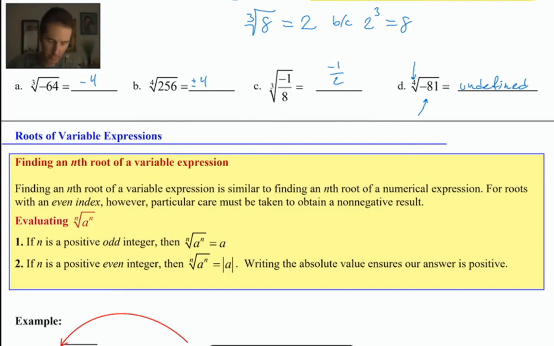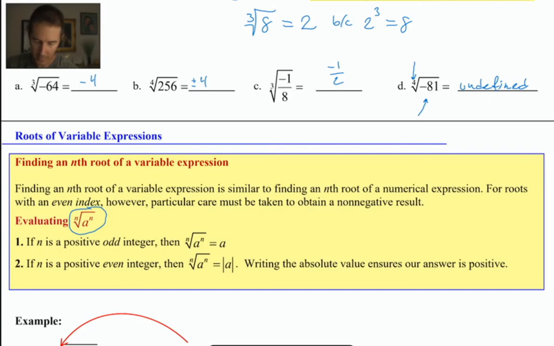Okay, right above bullets 1 and 2, I see this: evaluating the nth root of a to the n. Interesting. If n is a positive odd integer, then the nth root of a to the n equals a. It looks like the exponent and the radical kind of canceled each other out, leaving us just with the a.